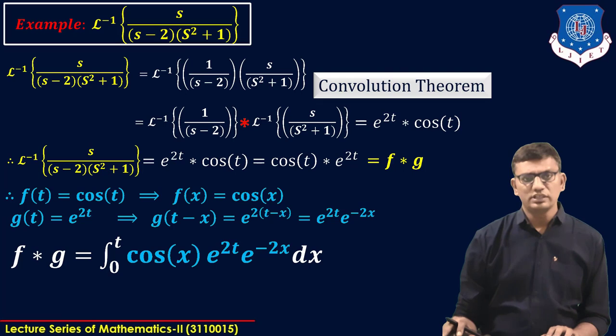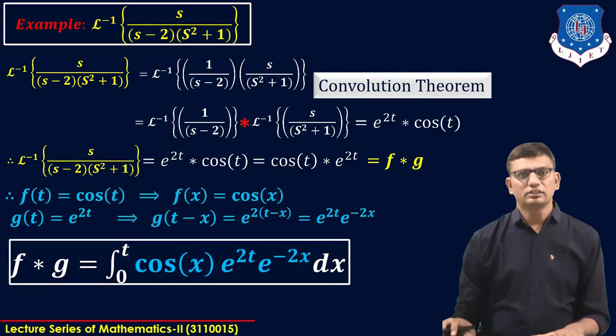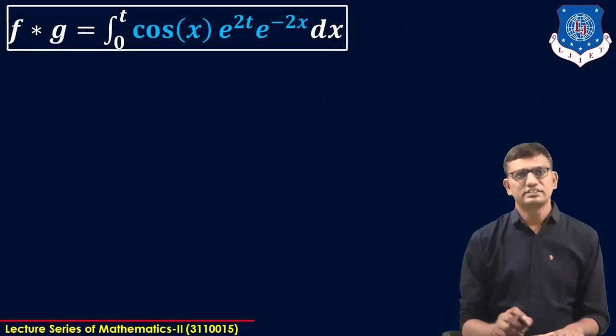Here e raised to 2t is constant during the convolution integration because we are integrating with respect to x. Now we will find the convolution integration this way.